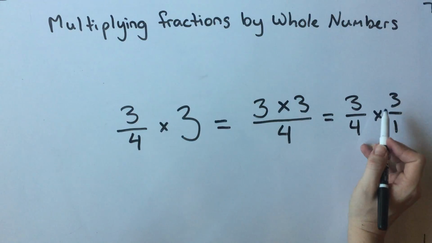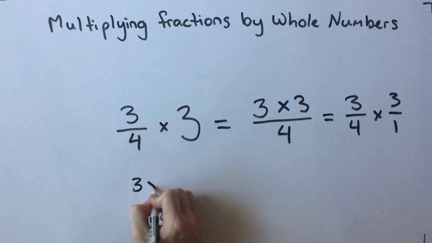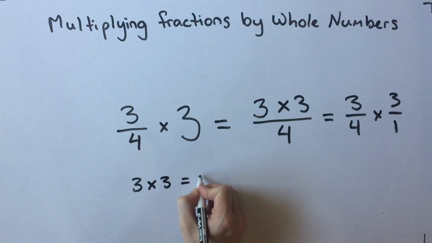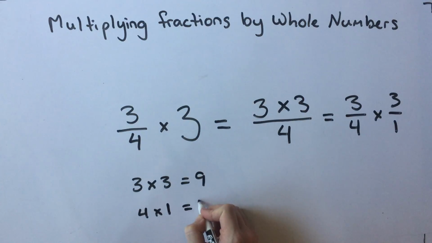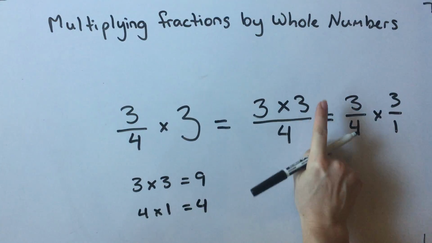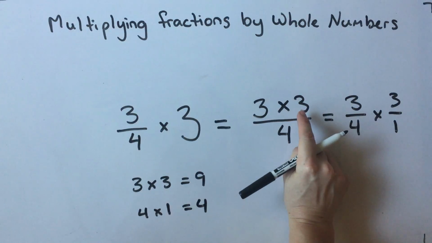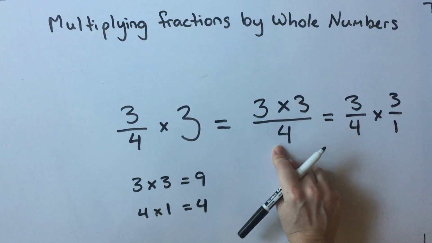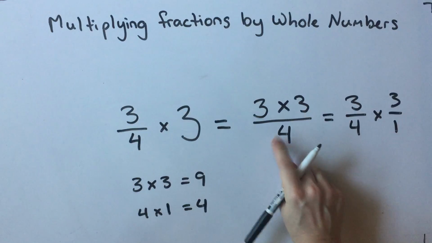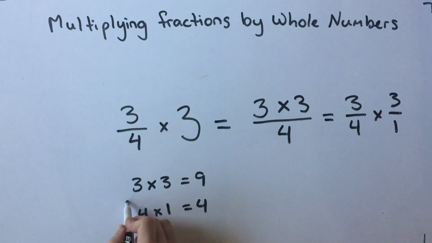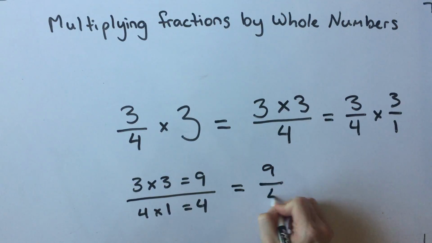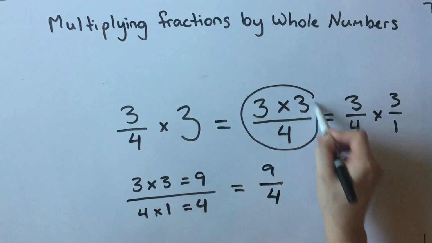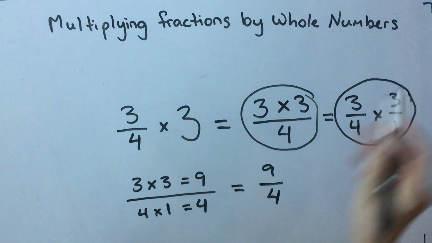Well, if you look at it, 3 times 3 equals 9, and 4 times 1 equals 4. So is that going to get me the same thing? 3 times 3 is 9, 4 times 1 is 4. That's going to give me the same answer. I'm going to get that 9/4 if I do it this way, or if I do it this way.